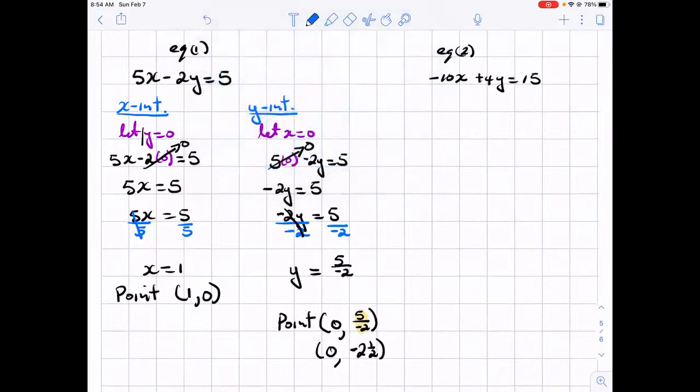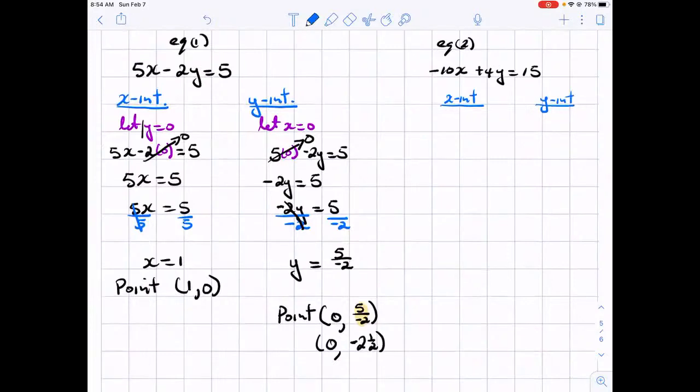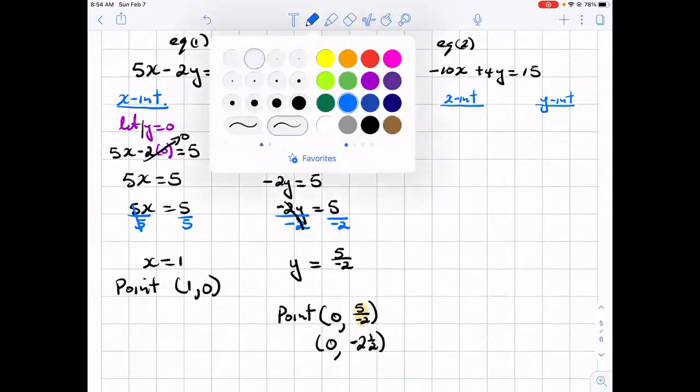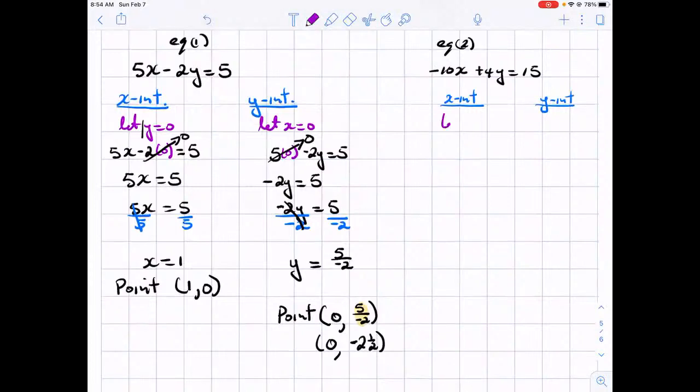So for the x-intercept and then the y-intercept. Remember, for the x-intercept, let y equal 0.